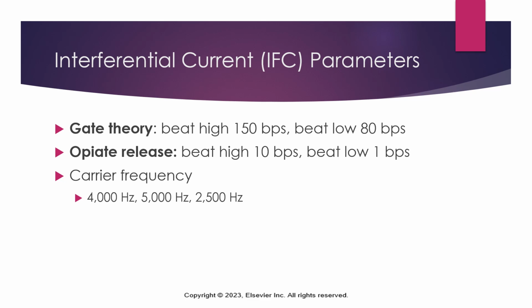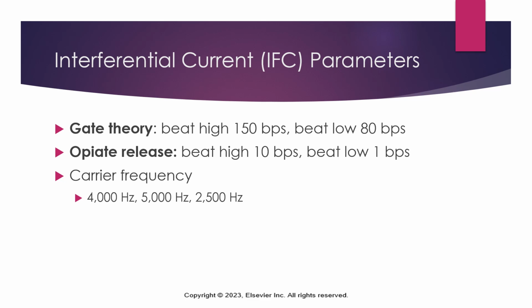So the carrier frequency, I wouldn't say it's not important in our parameters and our settings, but for our purposes, we're going to worry about the frequency, either beat high and beat low of 150 to 80 or 10 to 1, to get either gate theory or opiate release theory.